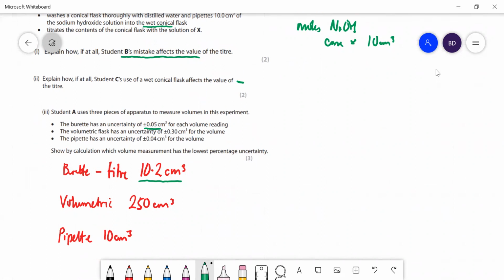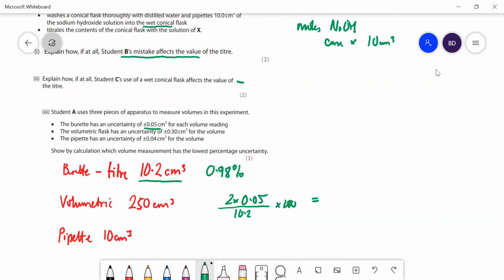So we have 2 times 0.05 centimeters cubed over the volume measured, 10.2, times 100. That is equal to, I think it's about 1%. At 0.98%, okay, for that one.